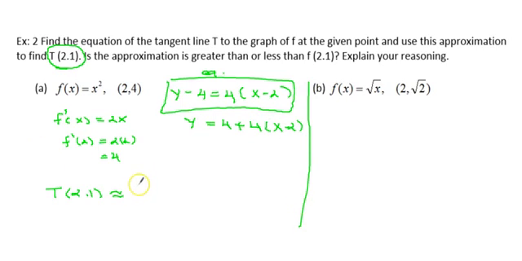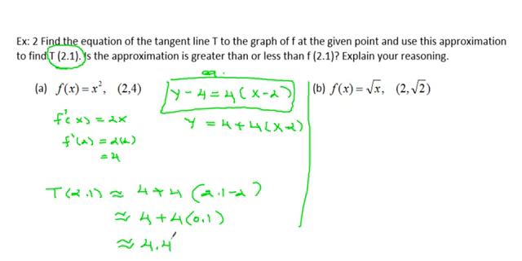So that will be 4 plus 4, x is 2.1 minus 2. 4 plus 4 times 0.1, and my approximation is 4.4. Okay, is the approximation greater than or less than f of 2.1?